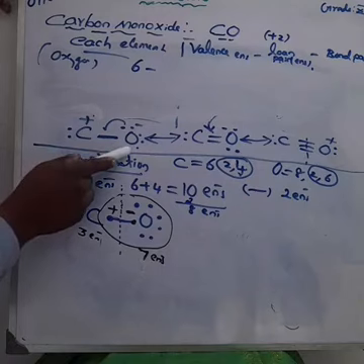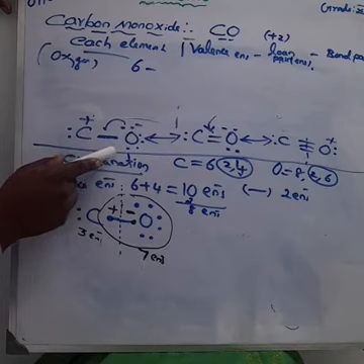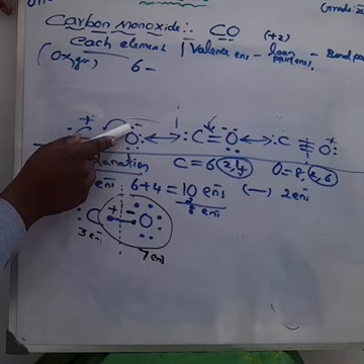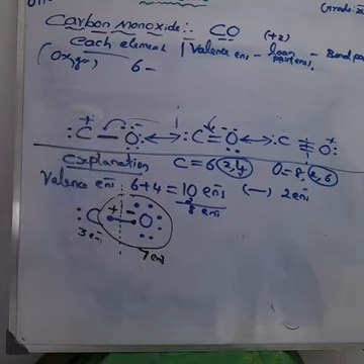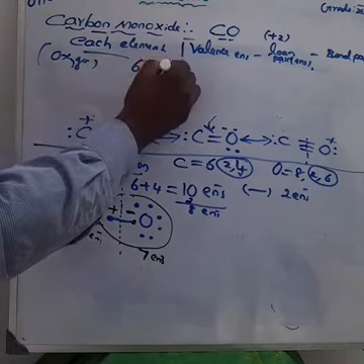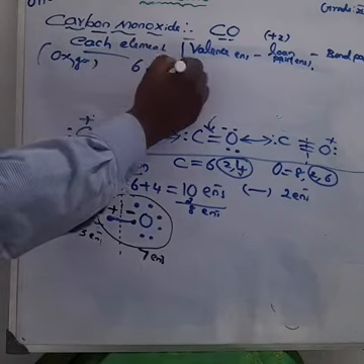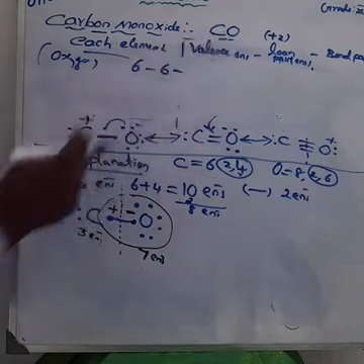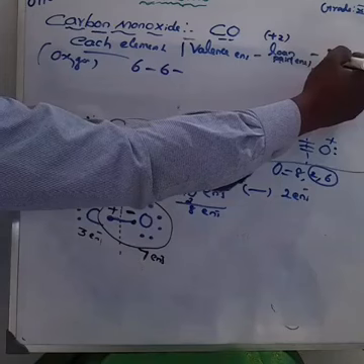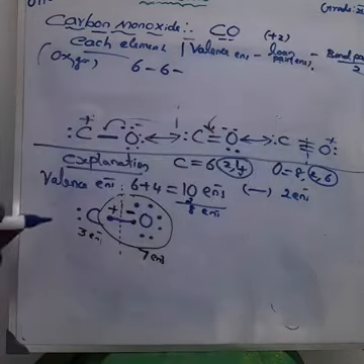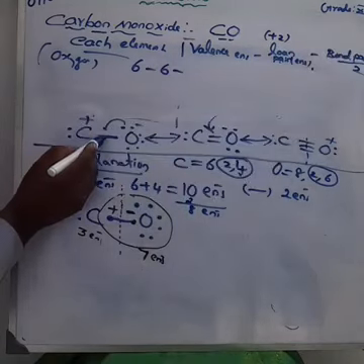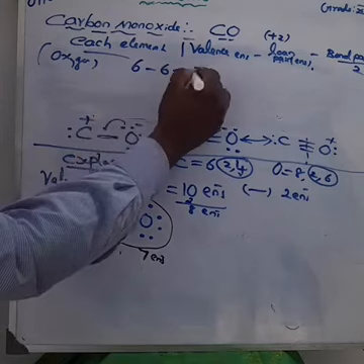How many lone pairs does oxygen have? 1 pair, 2 pair, 3 pair. Am I right? 3 pairs means how many electrons? 6 electrons, minus. Then we have to write bond pair. How many bond pairs do they have? Only 1 bond pair. 1 bond pair means 2 electrons, 2 by 2. Am I right?